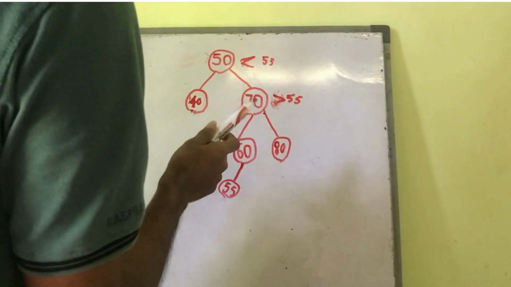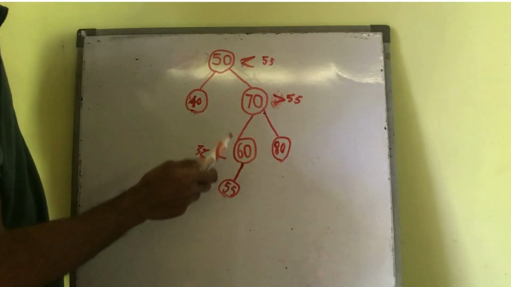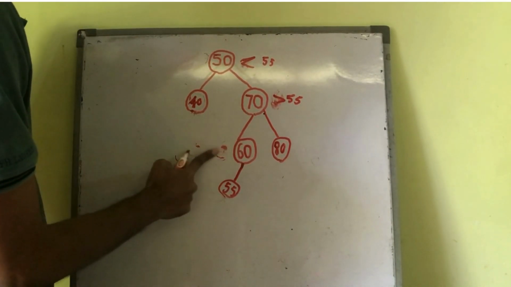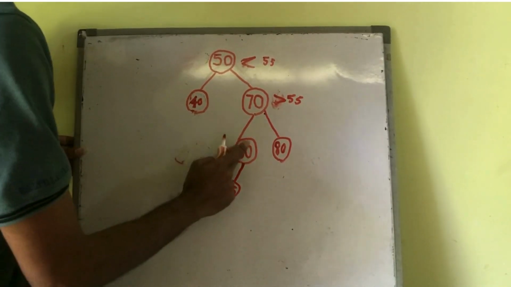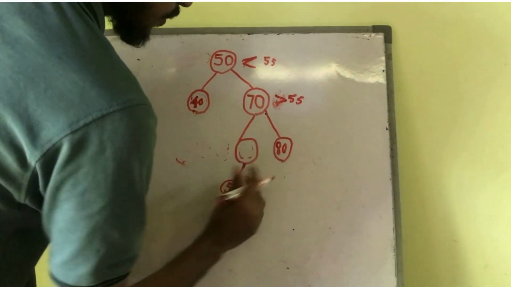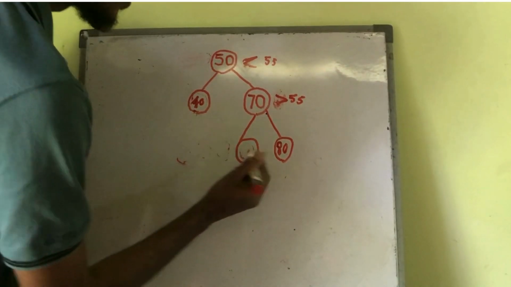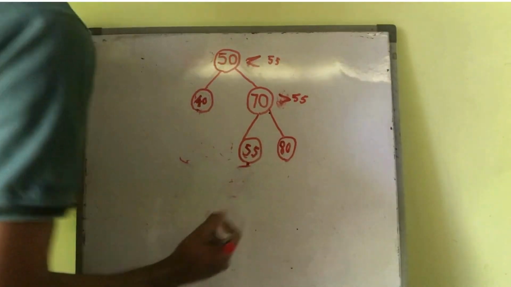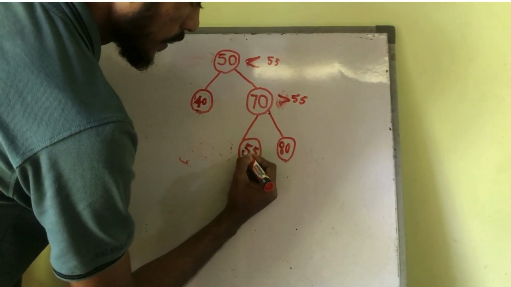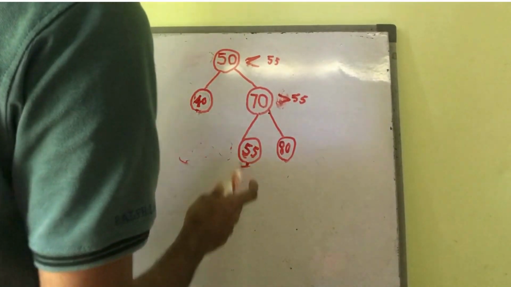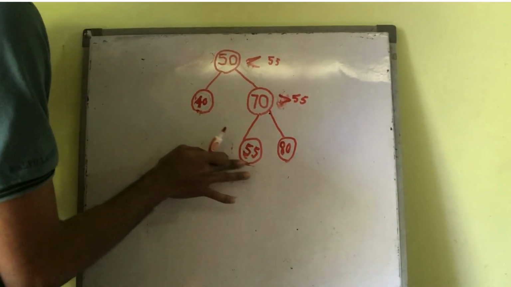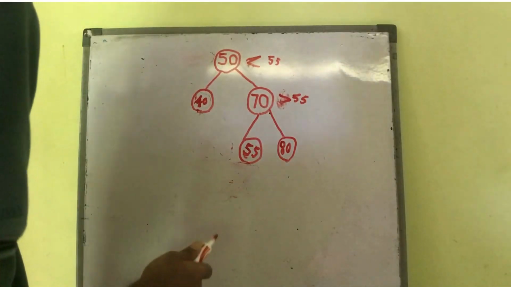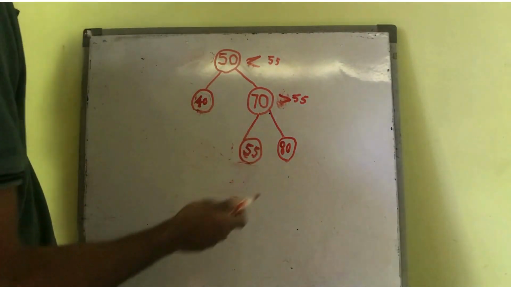It has one child, so we need to remove the 60 in here and replace the 60 with its child. So that is how to delete a node that has one child.